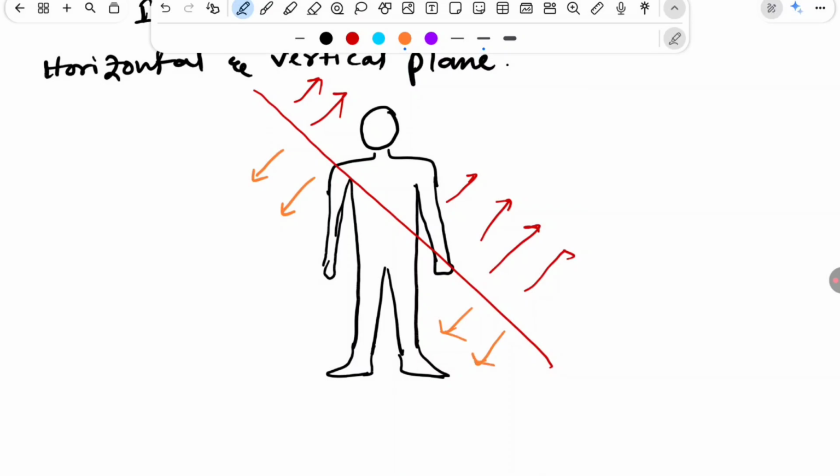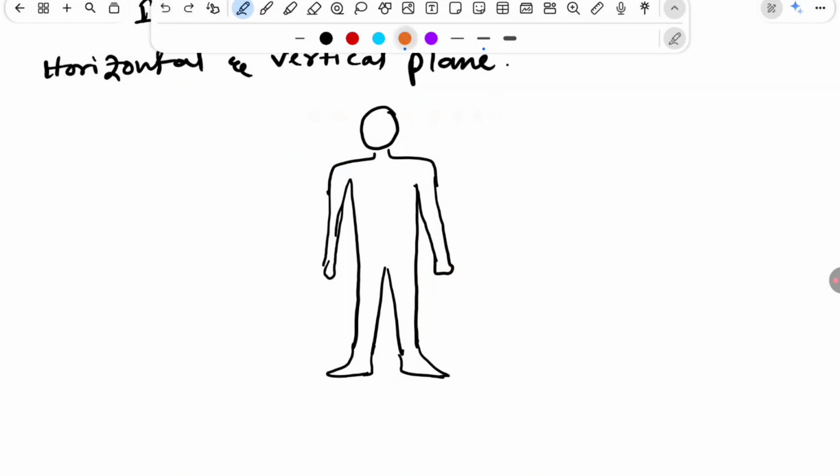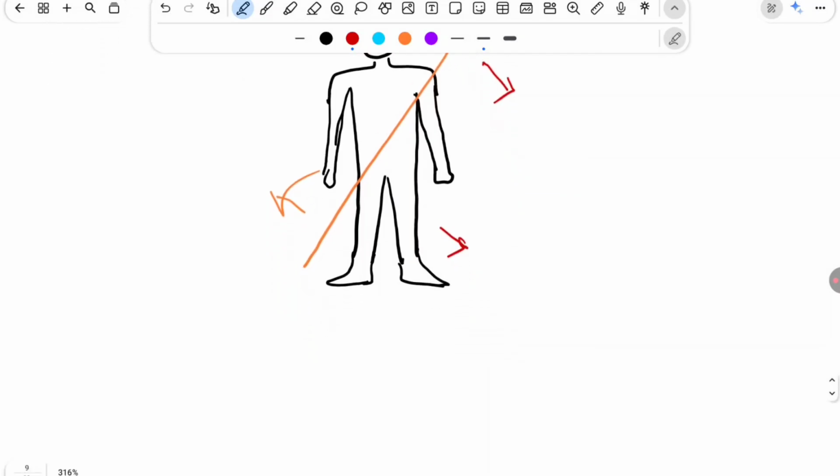If we cut it like this, then it is called an oblique plane. We can do this side also, or the next side also, like this. Then this side will be one and this side will be one. Whichever side you cut, no problem, but it is oblique. This is the oblique plane.